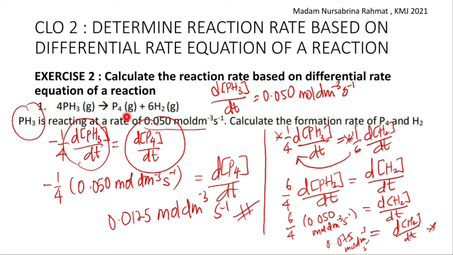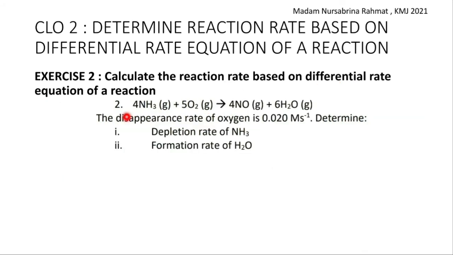So again, it will be back to the balanced chemical equation. For this one, they use specific terms, which are depletion rate of ammonia and formation rate of water. So we're going to do depletion rate of ammonia first. From the question, they give you the disappearance rate of oxygen.